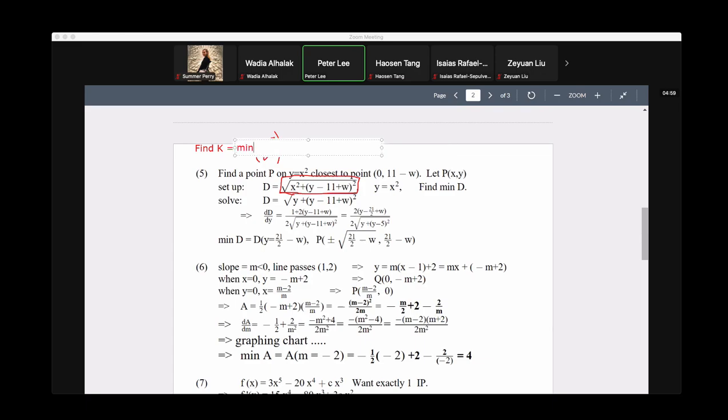Let K be this, and then you could have said find min K. This is big K. And that's okay, because D is a constant quantity, so even if this is min K with this, and you try to find min K, that's okay. Either way, now let's do this.